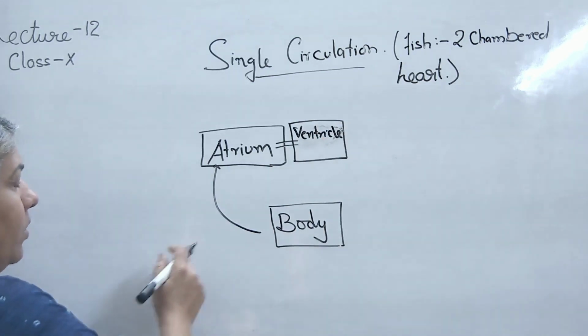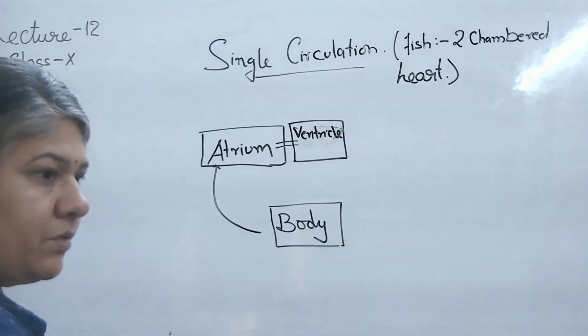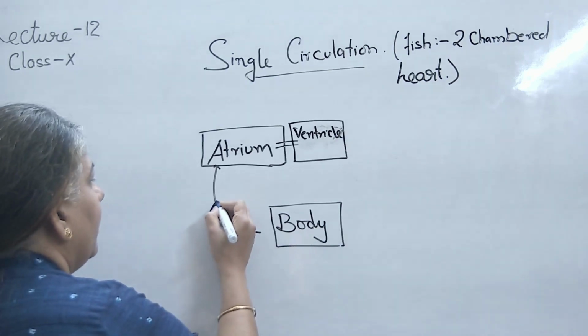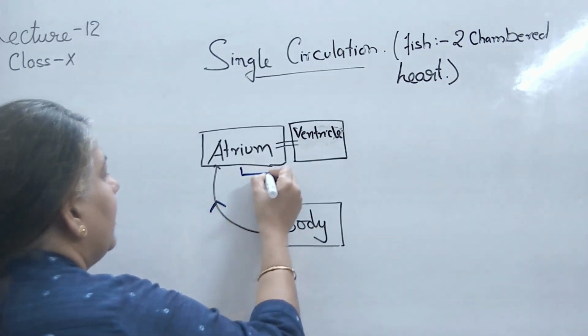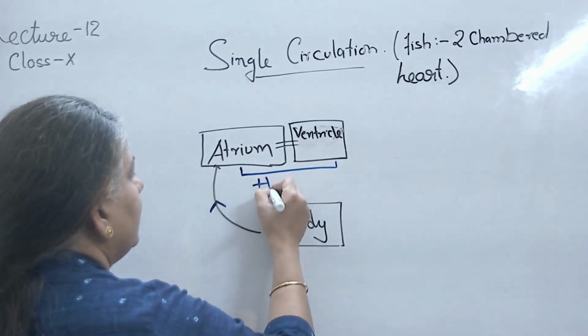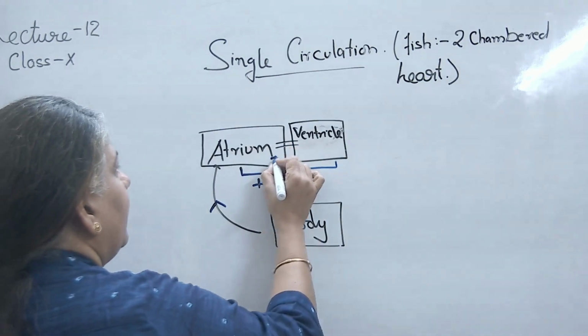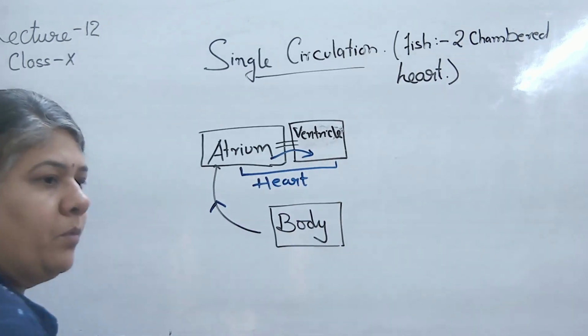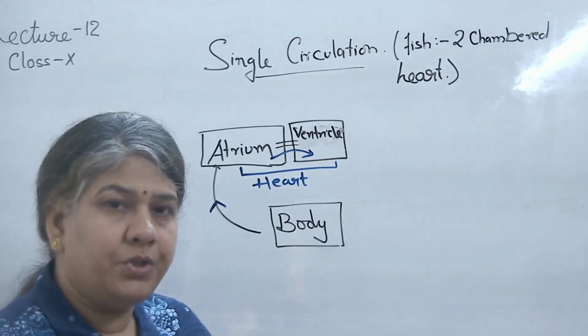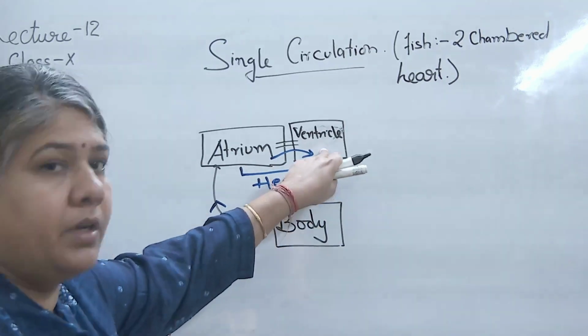Okay, so this deoxygenated blood is going from the body into the heart, which is two-chambered. From the atrium, the blood is pushed into the ventricle.